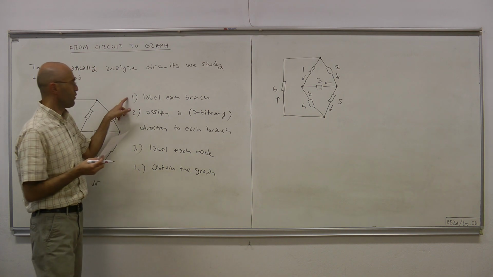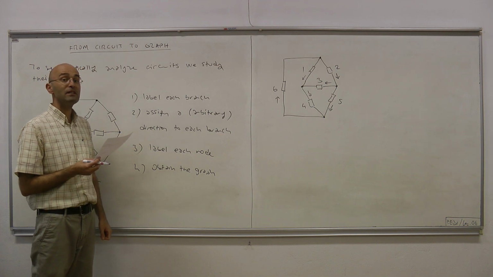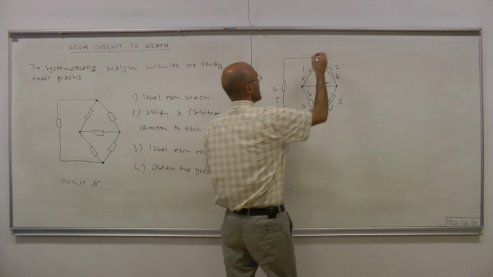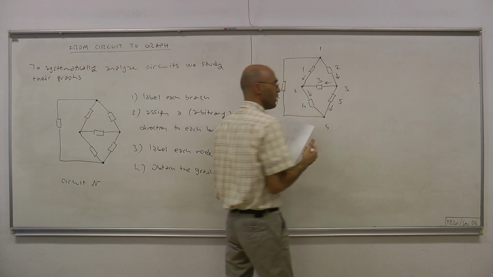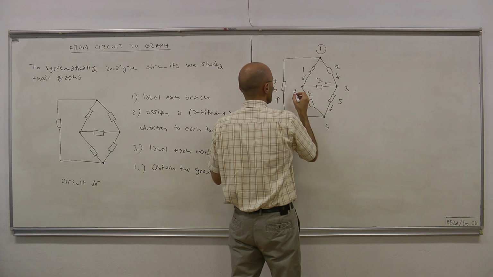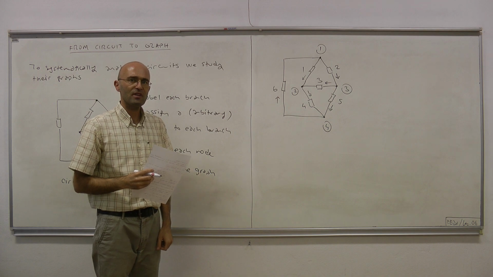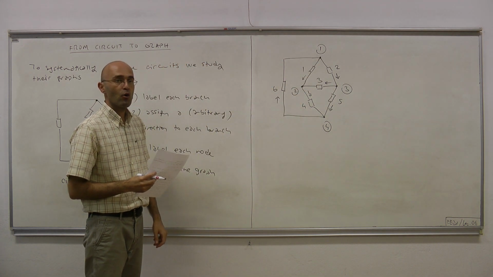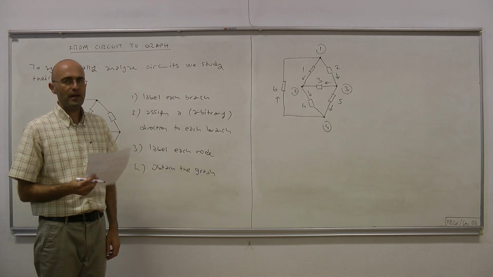So the first and second steps are complete, and then we have the third step: label each node. We have 4 nodes. Let's label them 1, 2, 3, 4. In order to avoid confusion, let's put a circle around those numbers so that we know they indicate a node, not a branch. So the node labeling is complete, and that means we're ready to obtain the graph.